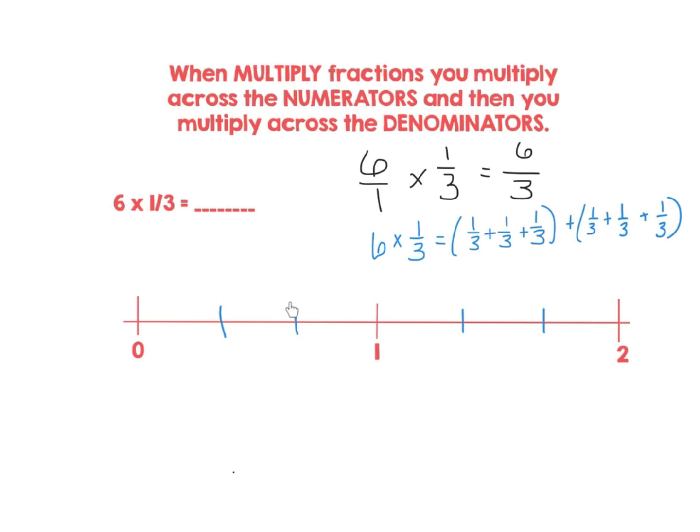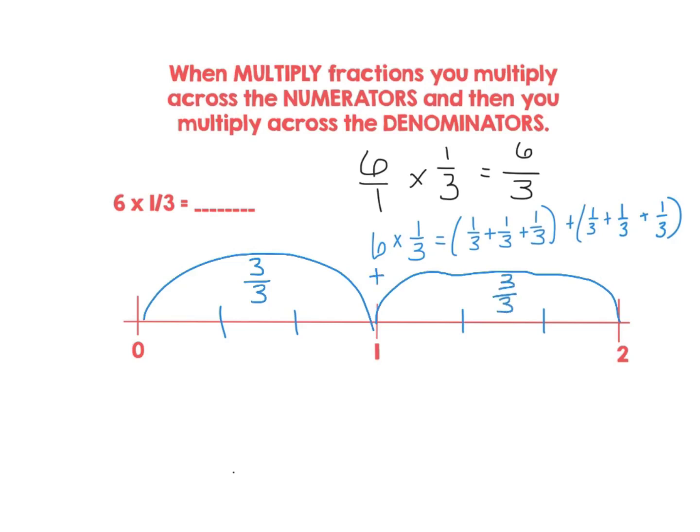There we go. So this is 1/3, 2/3, 3/3, just like I have 1, 2, 3/3. And I'm going to show that I have 3/3 is the same as 1 whole. And then I'm going to add 3 more thirds. So 1/3, 2/3, 3/3. I added 3 more thirds.